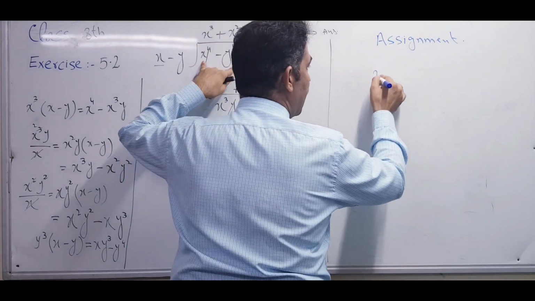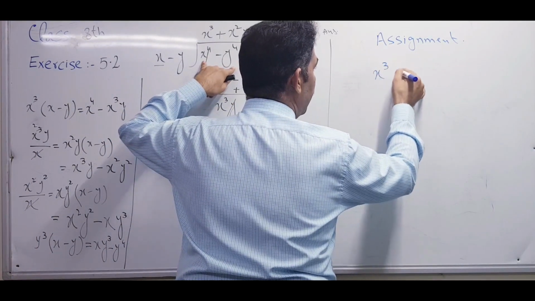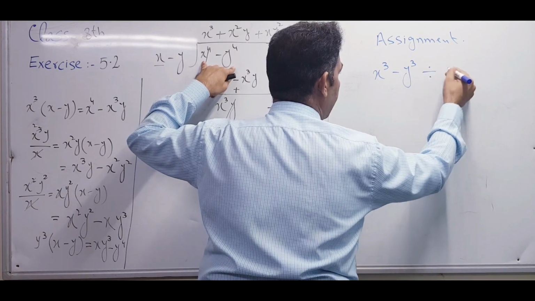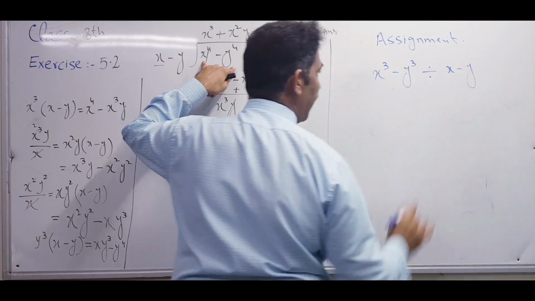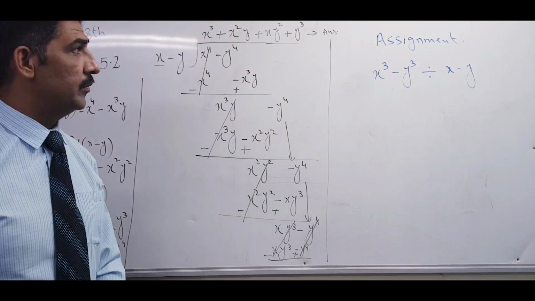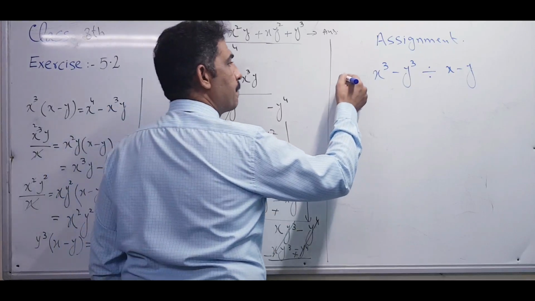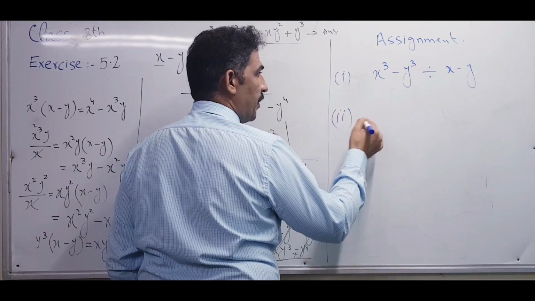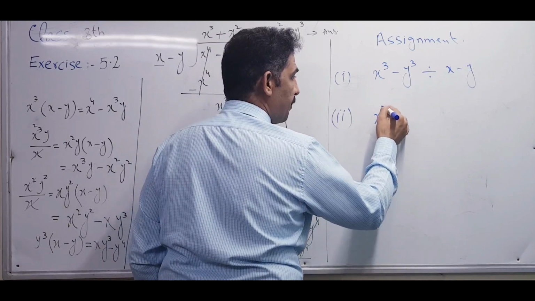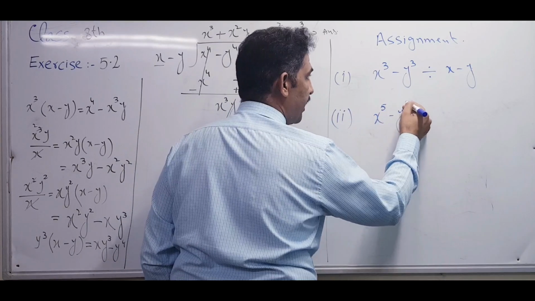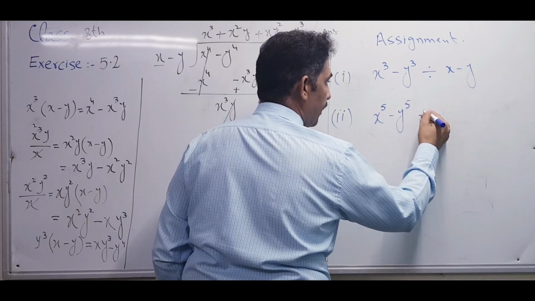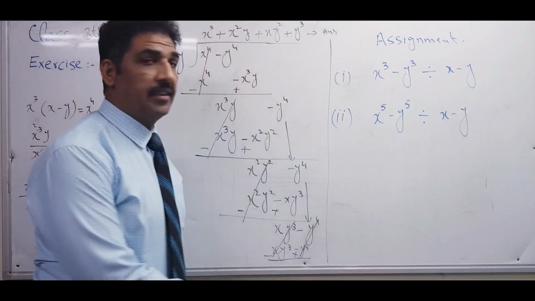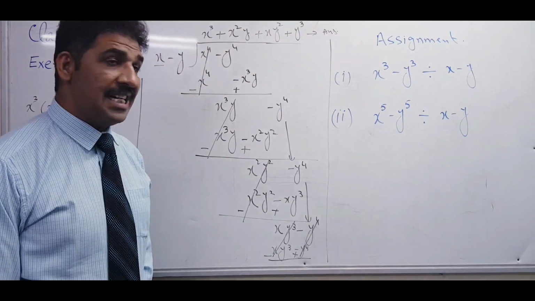You have to write x raised power 3 minus y raised power 3 divided by x minus y. And one more, you have to solve to be perfect. If x raised power 5 minus y raised power 5 is divided by x minus y, then what will we get as the result?